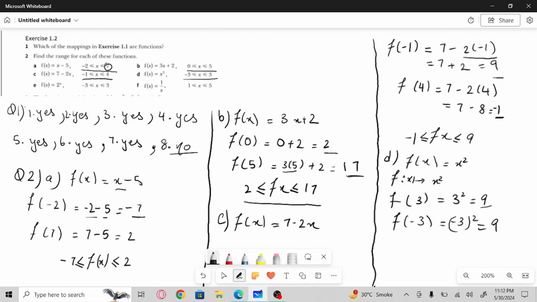if we focus on part D, what may be the minimum answer we may get after we input the values between -3 and +3? So if we say that from -3 to +3, we get 0 in between.